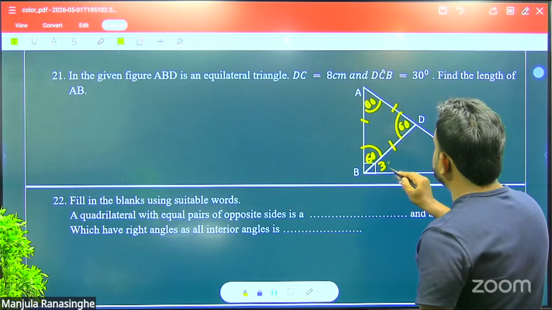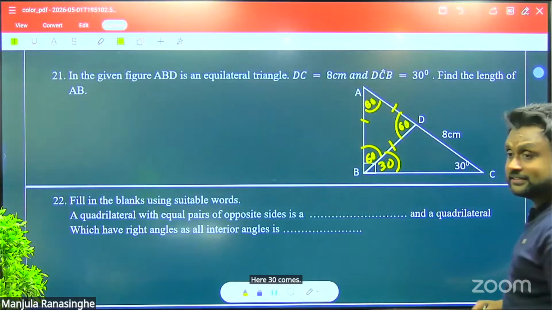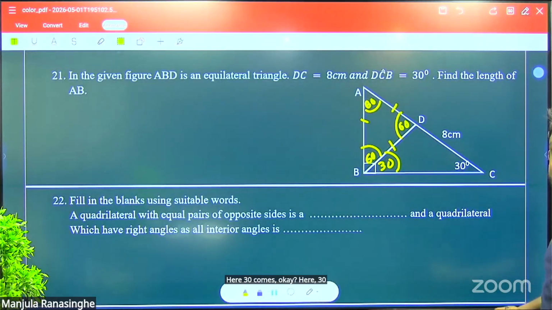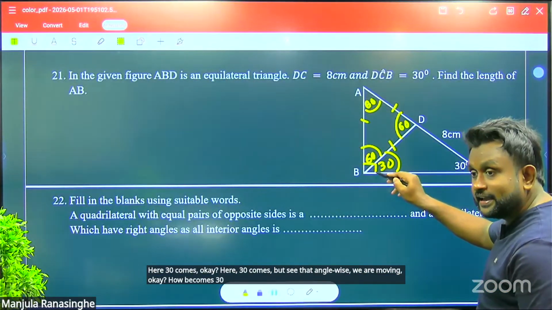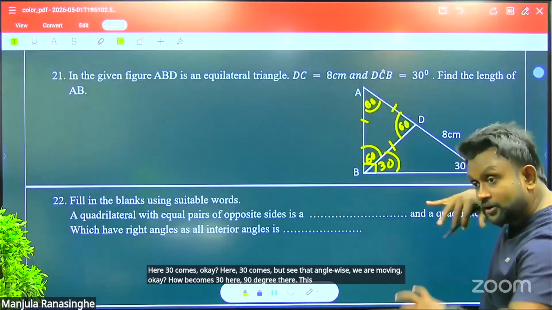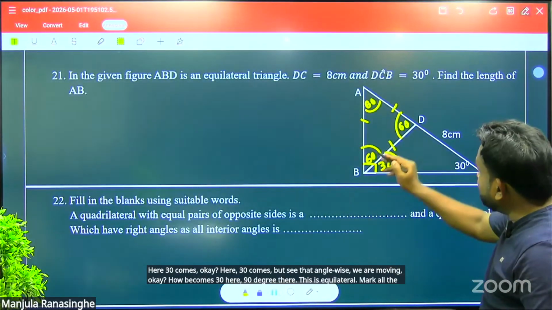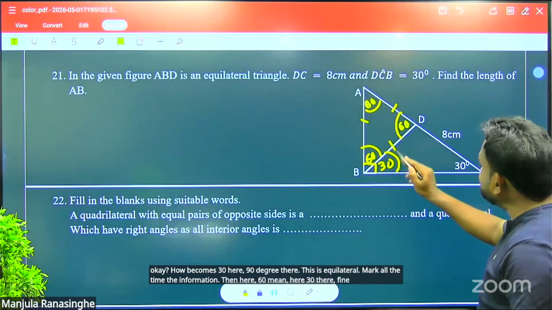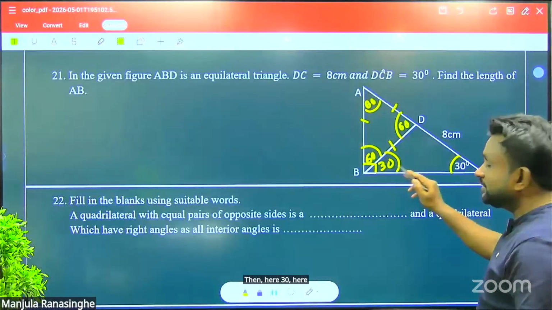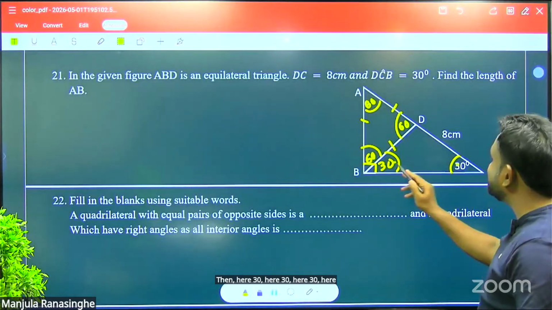But see, we are moving angle-wise. How does 30 come here, 90 degrees there? This is equilateral. Always mark the information. Then here 60 means here 30 there. Fine. Then here 30, here 30, means two angles are equal.